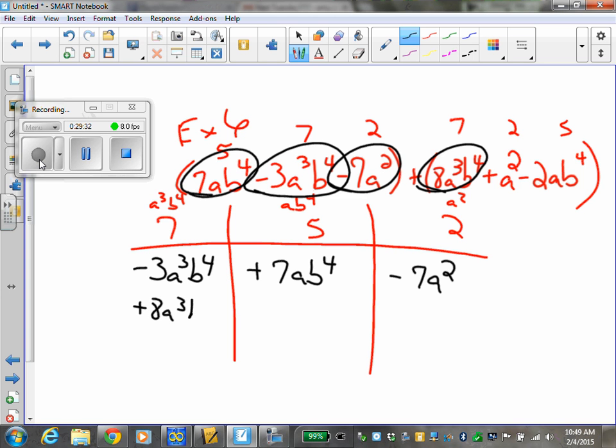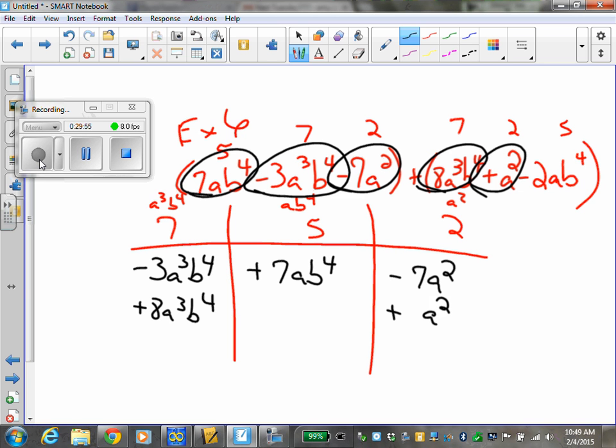And everybody says, are they the same? Do they match? Same variables to the same powers. Yeah, so we're going to be able to add those, okay? All right, we're going to put our positive a squared here just like this. I'm telling you right now, this is another very, very careless error.